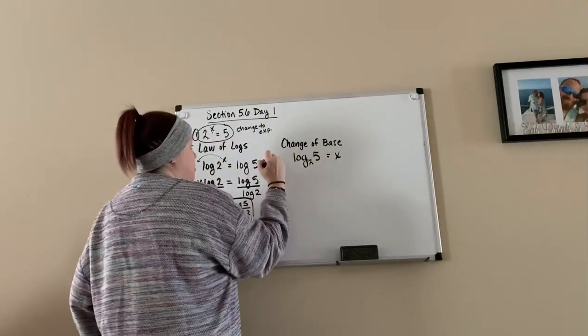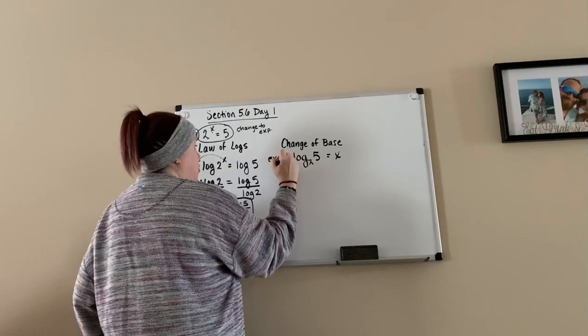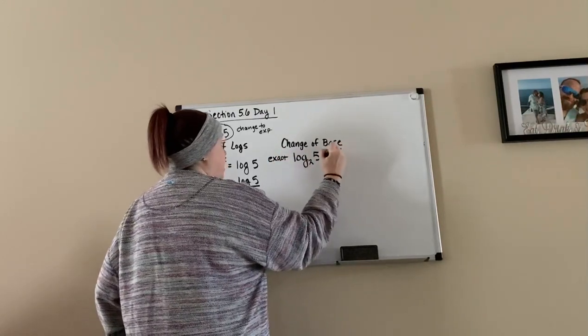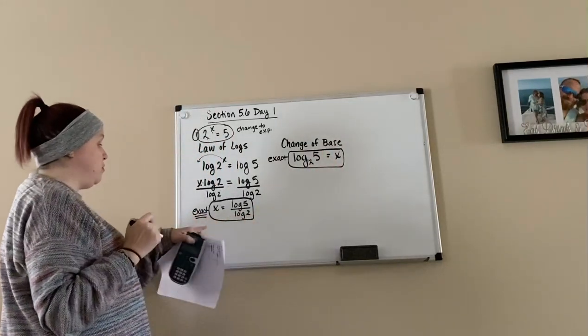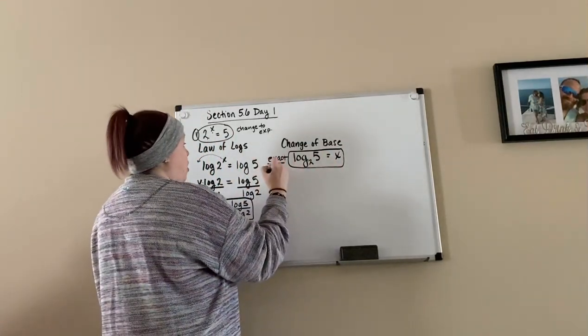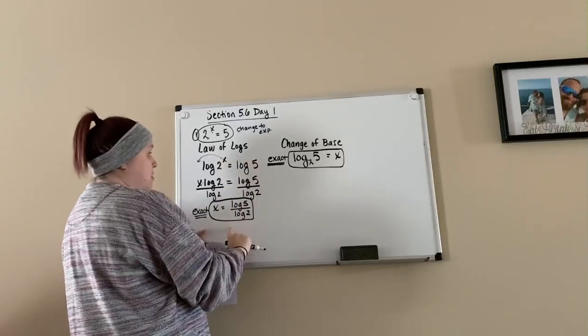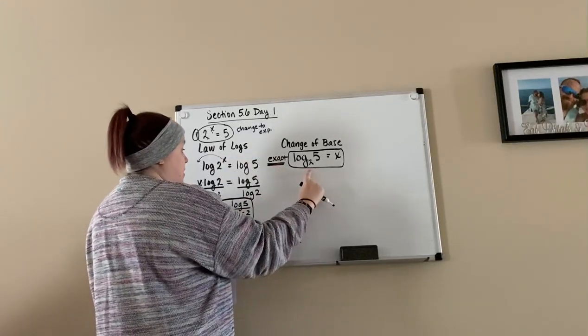That right there is your exact answer for the change of base part of this problem. So you have 2 answers. For the law of logs, it's this. For the change of base, it's this.